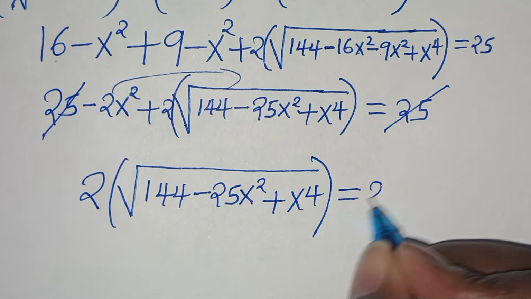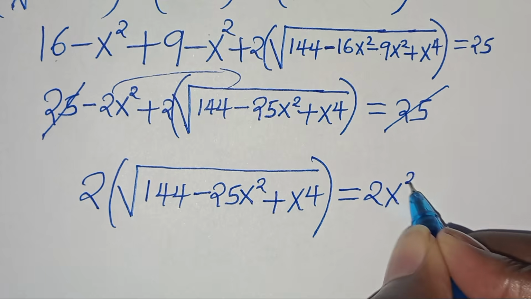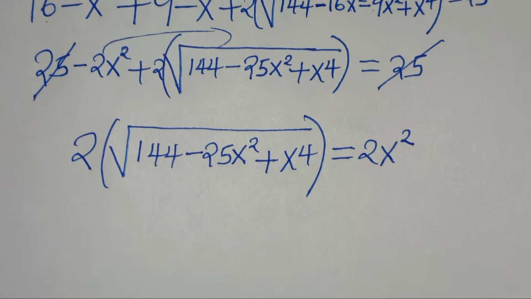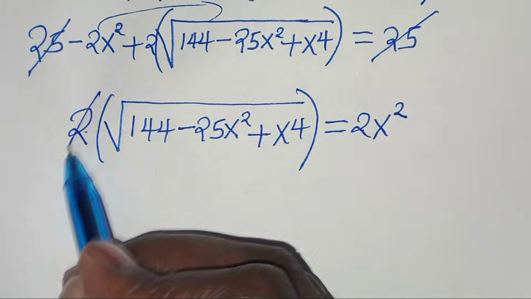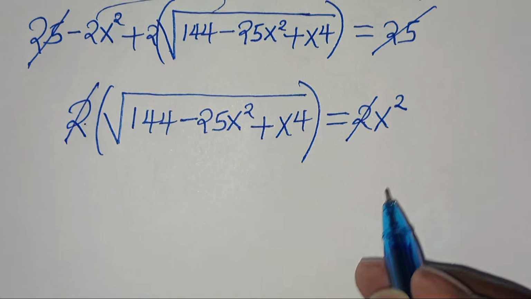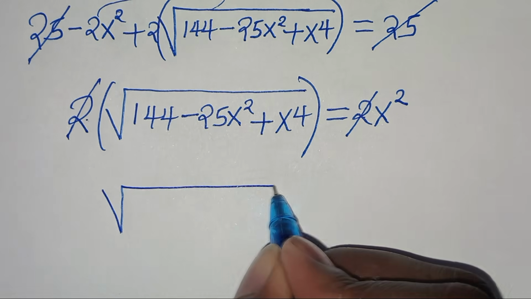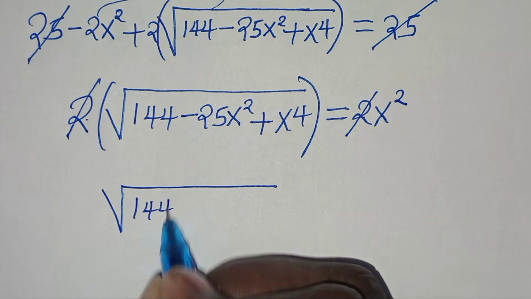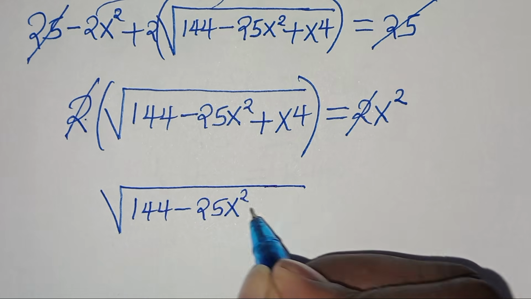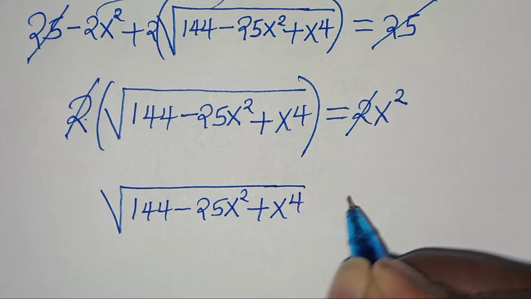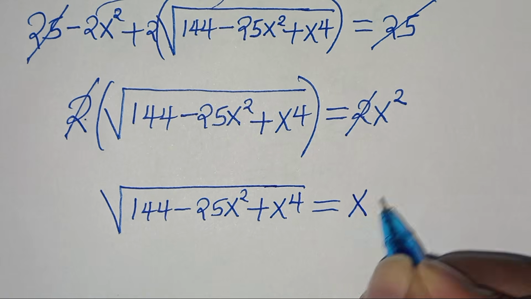This is equal to 2x to the power of 2. Okay, now we have 2 and 2 here, so we can simplify this. And therefore, we have the square root of 144 minus 25x squared plus x to the power of 4. This is equal to x to the power of 2.